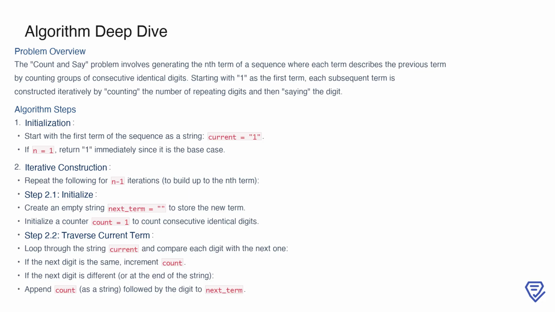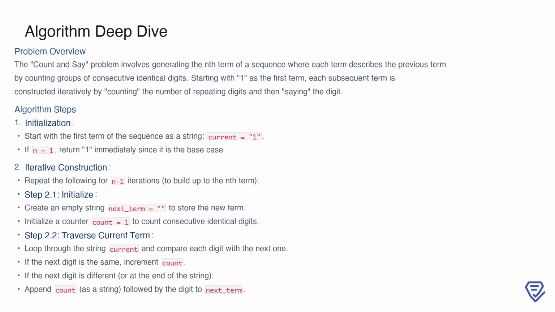The algorithm to solve this problem starts with an initialization step where we set the first term as a string, current equals "1". If the input n is 1, we immediately return this term since it's the base case. Otherwise, the solution involves iteratively constructing each term up to the nth term.